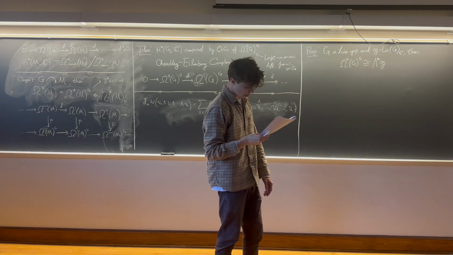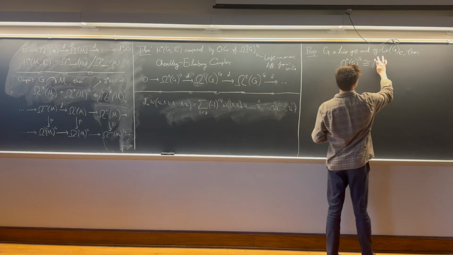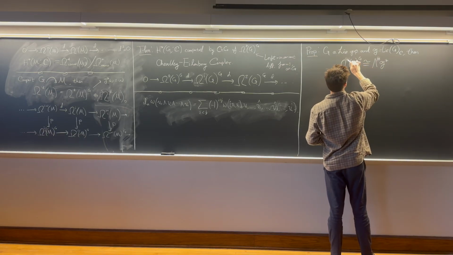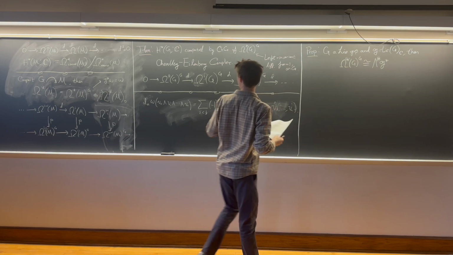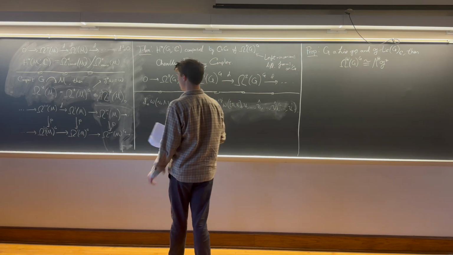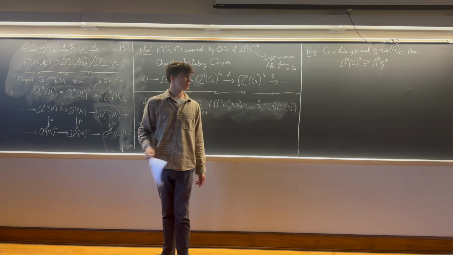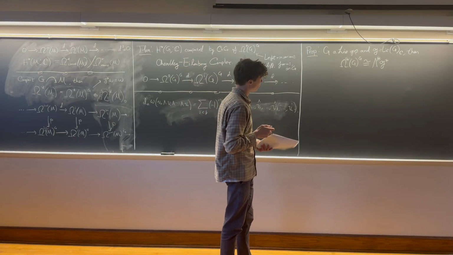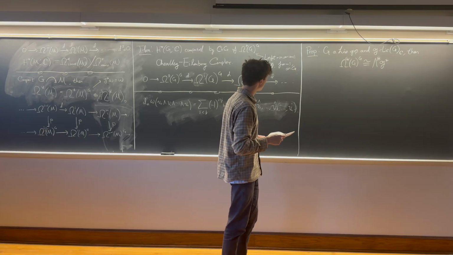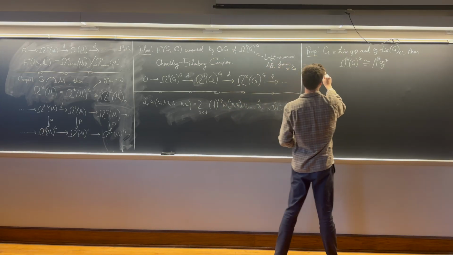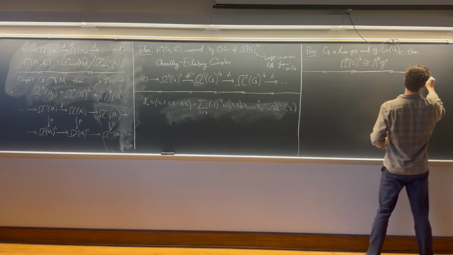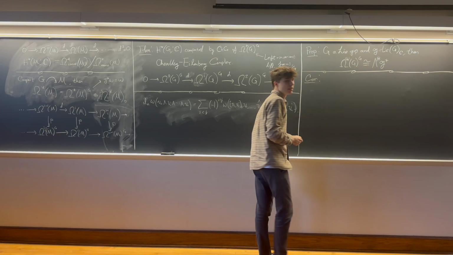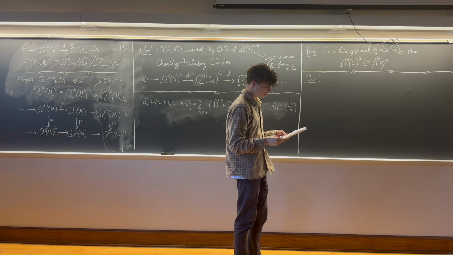Notationally it's probably not a good idea, so I'll stop using star for an arbitrary index because now star will be the dual. But we have this isomorphism, and what we do here is very straightforward. As a corollary of this proposition, it's quite immediate, and it's how we define Lie algebra cohomology.